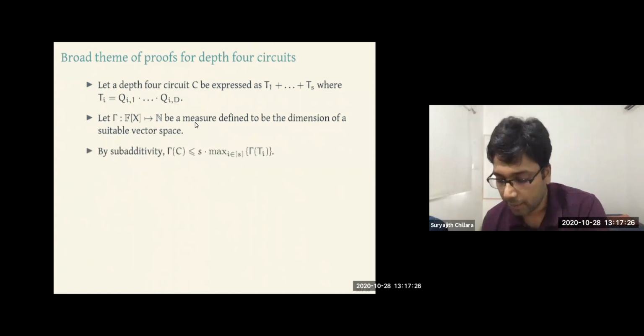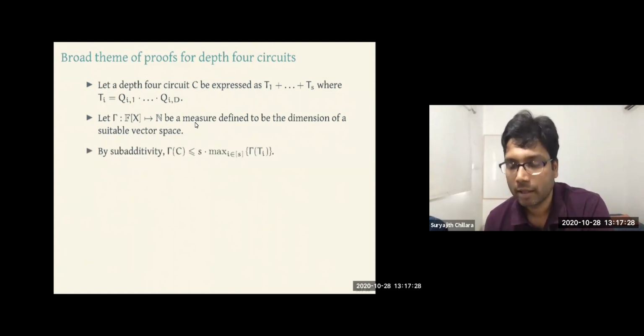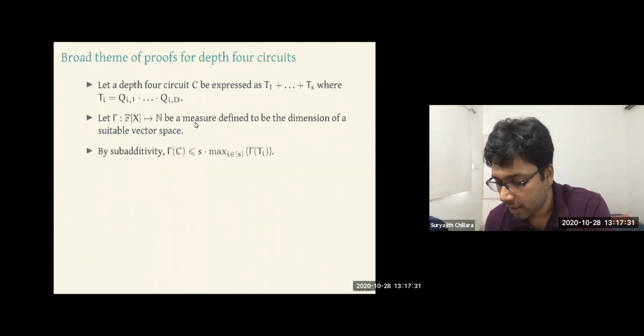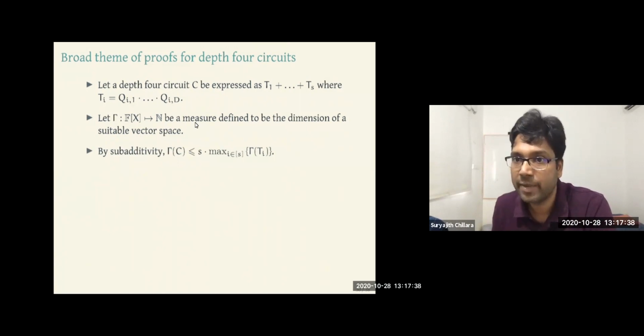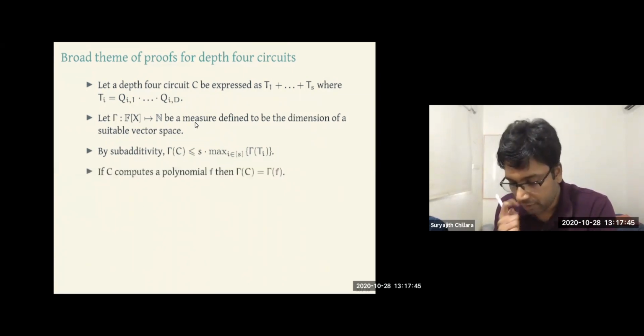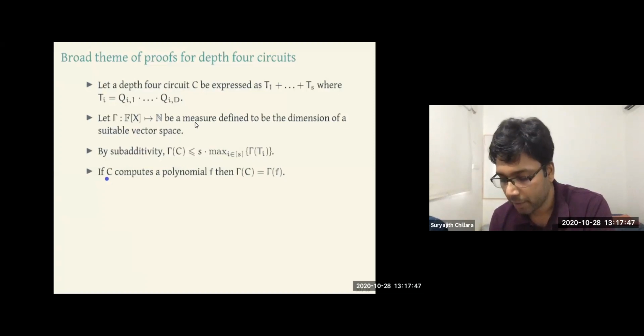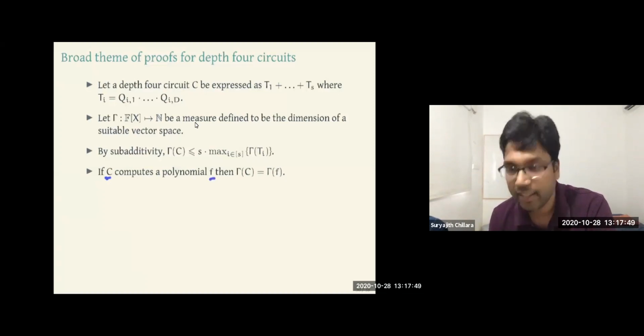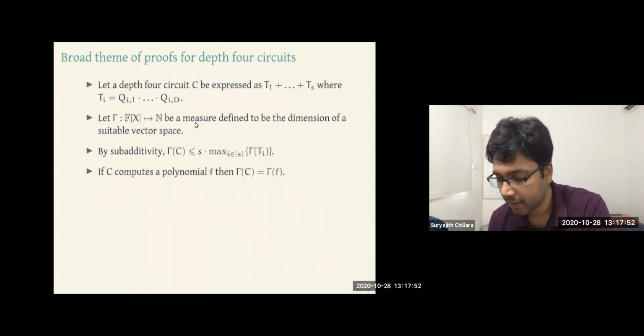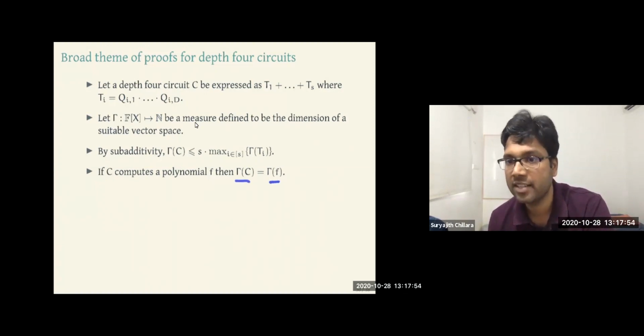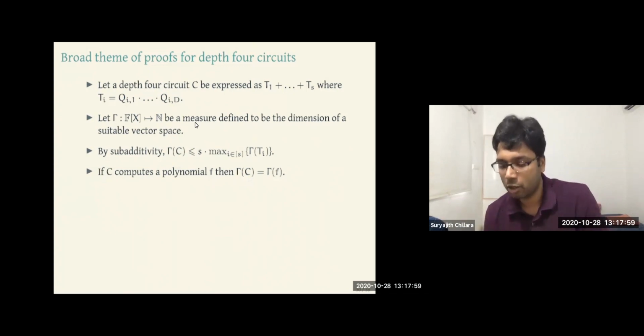Then the measure for the circuit is at most S times the maximum of the measure for each of the summands. This is just a linear algebraic argument, the subadditivity of dimension of vector spaces. And if the polynomial f is being computed by the circuit C, then the measure for the circuit and the measure for the polynomial are the same, because the output is the same.